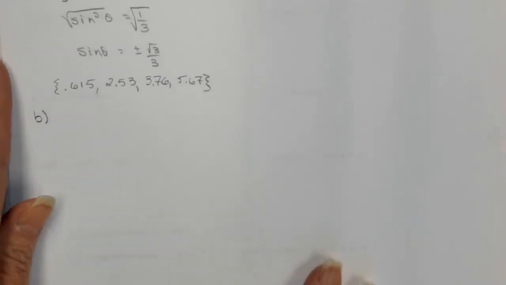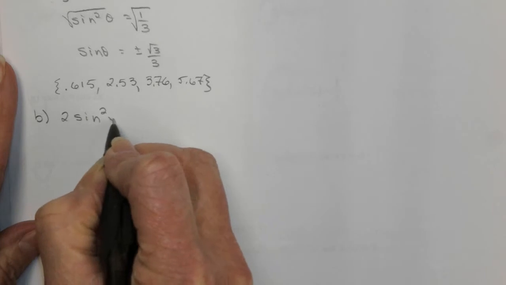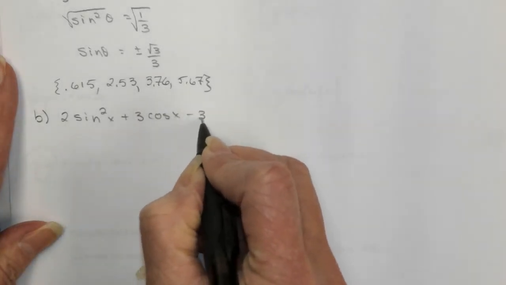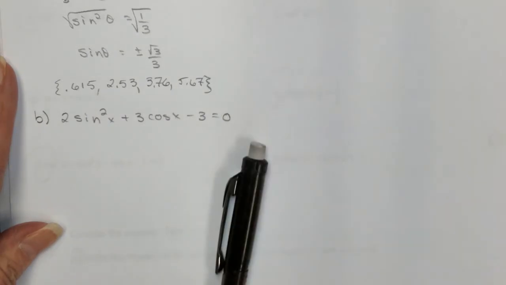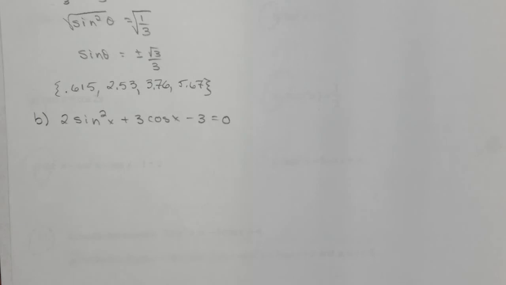So problem B is 2 sine squared x plus 3 cosine x minus 3 equals 0. And so what I'm noticing is here, you know what, I'm going to focus this one more time because this looks a little bit bleary to me. Maybe that's a little bit better.